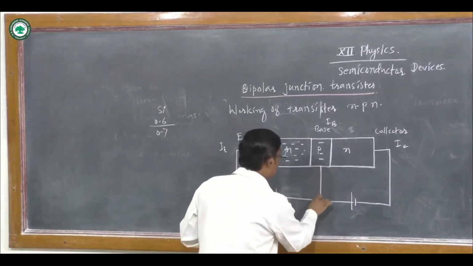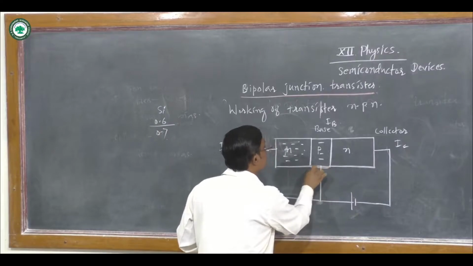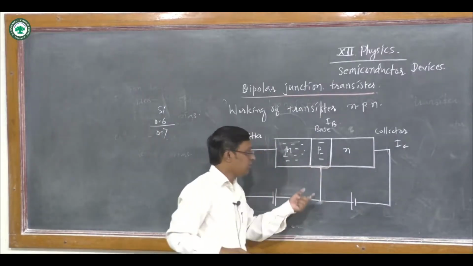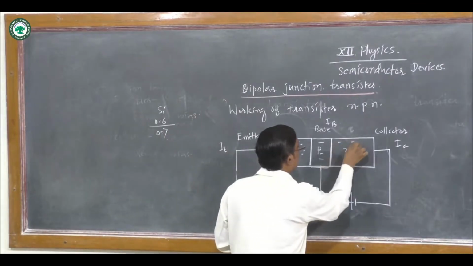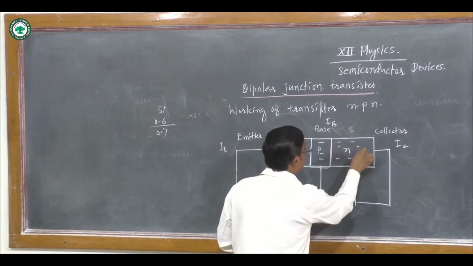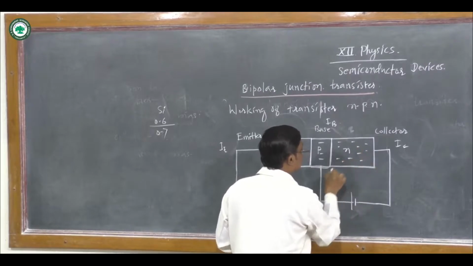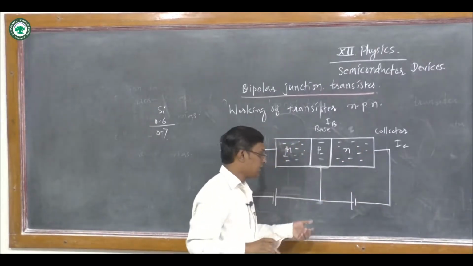As this base is very small in size, the majority carriers are pushed into the collector of the transistor. This collector base connection is in a reverse bias.